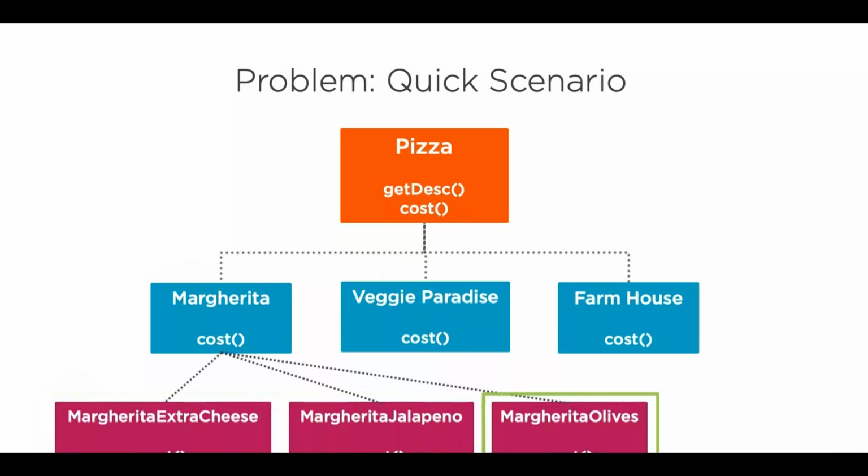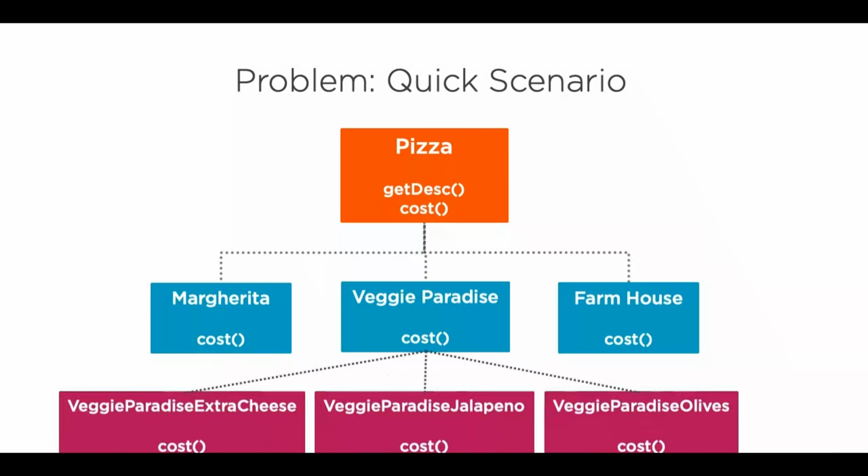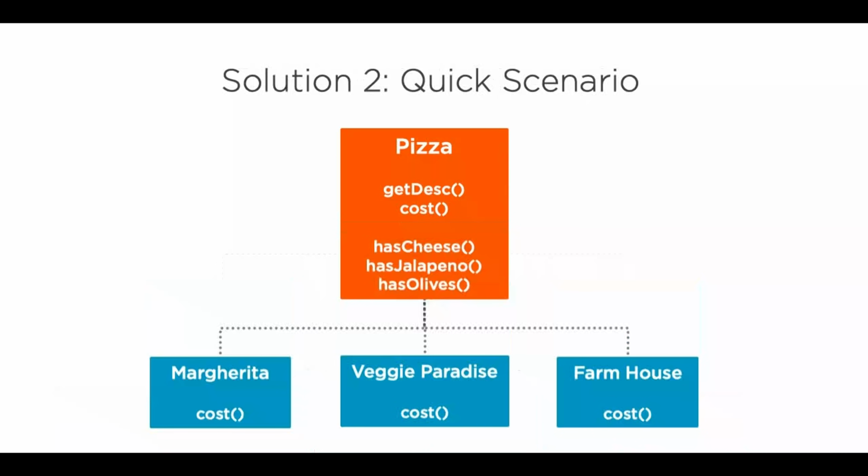So far so good. Now let's say you want to add variants to it and add additional toppings into the pizza. Now each variant or topping has its own price. Let's say extra cheese costs 40 rupees, jalapeno 20, and olives cost 20 bucks. So one of the ways is using inheritance again.